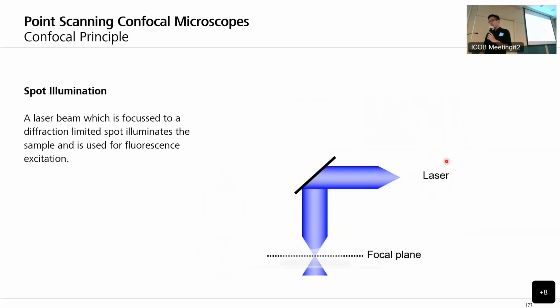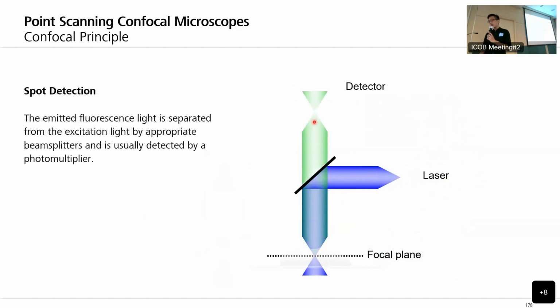So here is our laser light source. Then it goes to the dichroic mirror, which reflects the light to our samples. And here you can see we annotate a focal plane. The focal plane emits the light, the signal we want, back to our detector here.